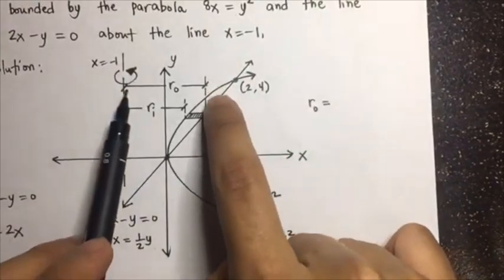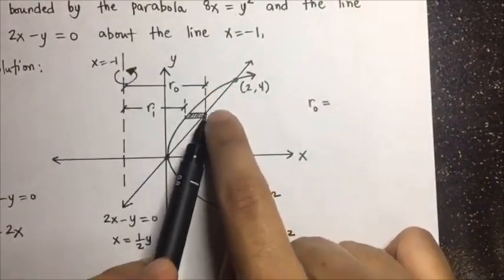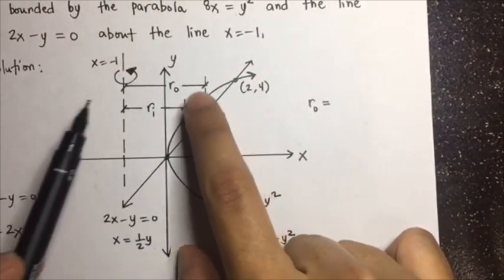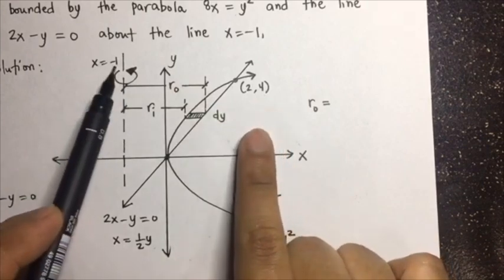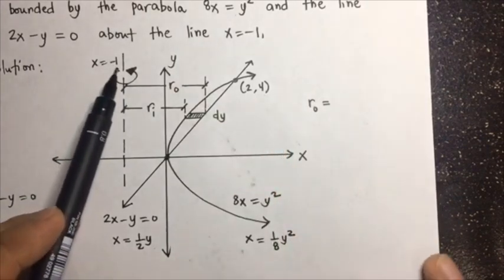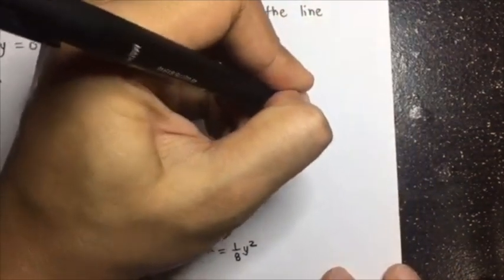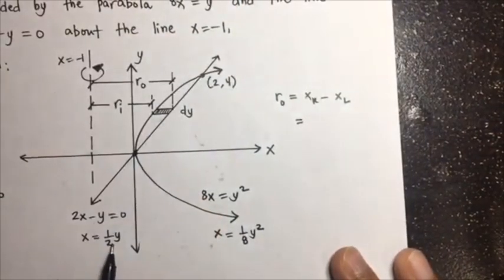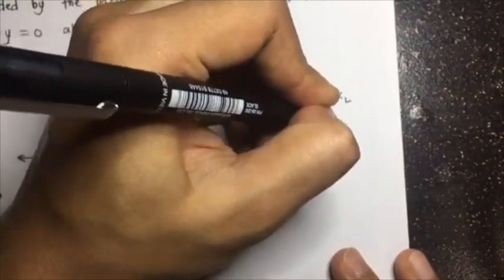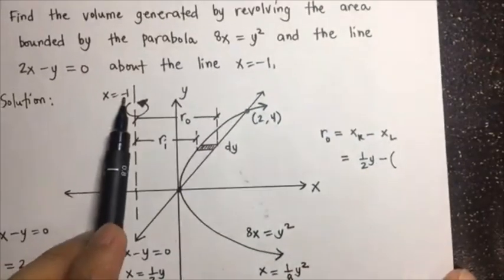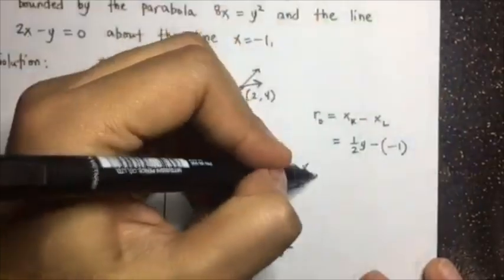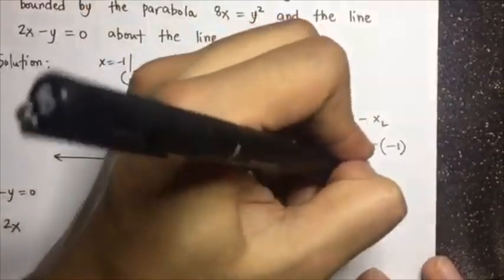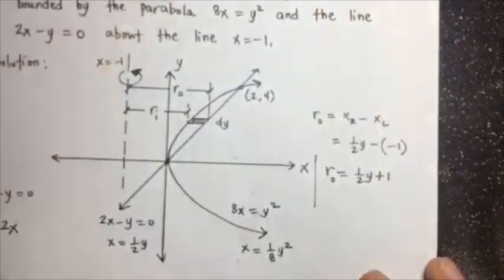For the outside radius, our xr will be defined by x is equal to 1/2 of y, and our xl will be defined by x is equal to -1. So xr minus xl: 1/2 of y minus -1. So our outside radius is equal to 1/2 y plus 1.